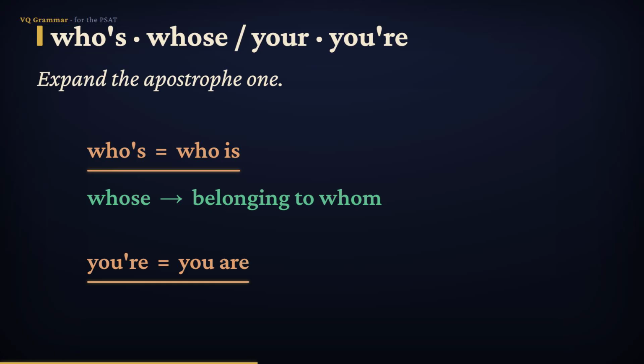You're next in line means you are next. Your, no apostrophe, shows belonging. Your essay. The rule for both. The apostrophe word always unpacks into two words. If you can't split it into who is or you are, drop the apostrophe.